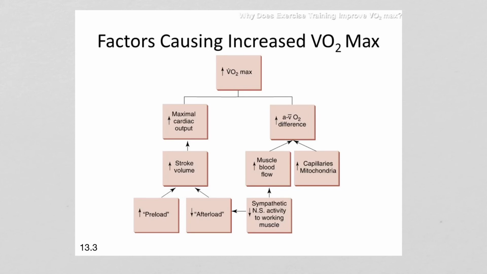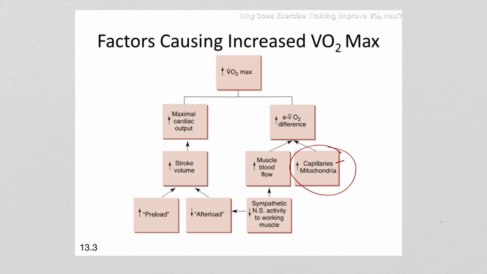The most important factor that contributes to the increased AVO2 difference after several months of endurance training is shown in this box on the right. The main one here would be your increase in capillaries, or what we call capillary density. So there would be more capillaries per, say, millimeter of tissue.